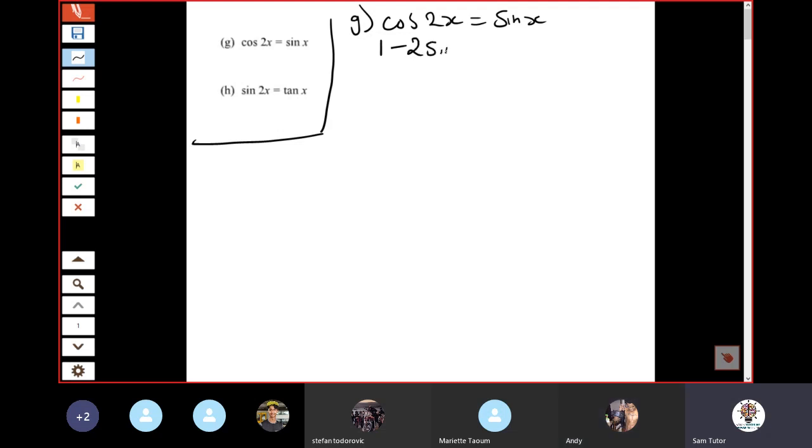Yeah, good man. Thank you. 1 minus 2 sine squared x equals sine x. What do you do now? Move the sine x over. I would have personally moved these two over to keep this as a positive. Oh yeah, but it doesn't matter.